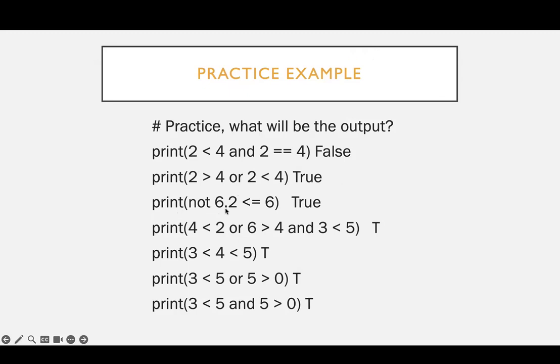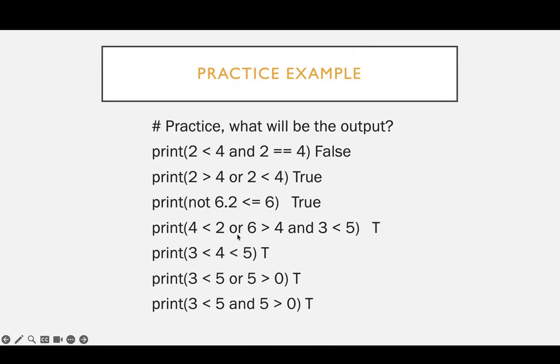Print not 6.2 less than 6. First, we do the comparison. 6.2 is not less than or equal to 6, so this is false. The negation of that will be true. And this next print, we'll be printing 4 less than 2, which is false.